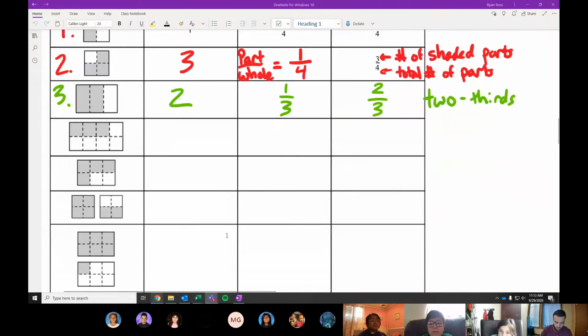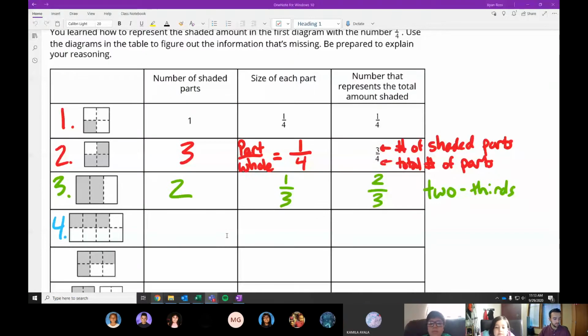Let's look at 4. Who can help me with 4? The 4th one down. Let's go to Malia here. Four. So for problem number 4, what's the number of shaded parts there? 3.